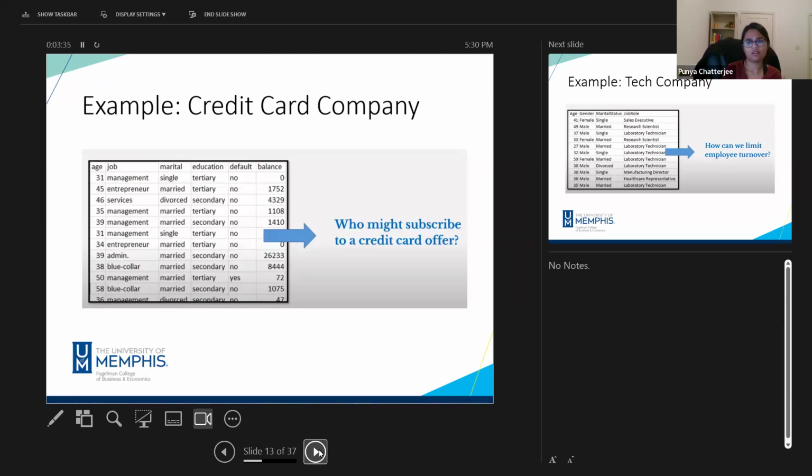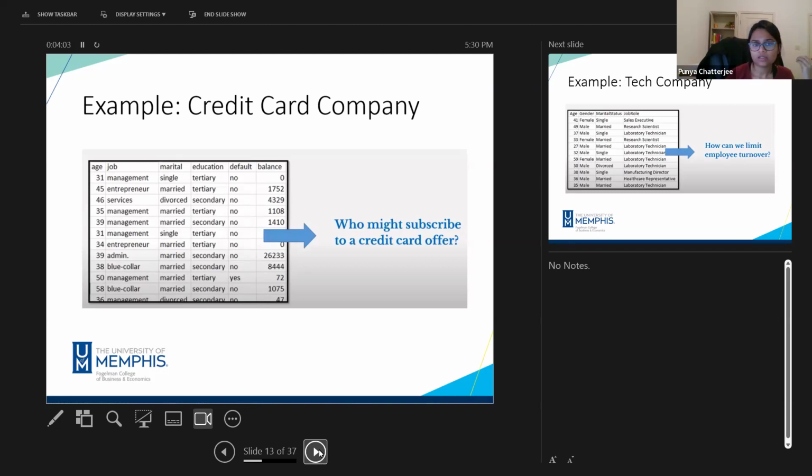I just got an invitation for a credit card from Wells Fargo, so I'm going to take that example. When they send out these invitations, the question to ask is, are they sending them out to everyone? Probably yes, but that's probably not a very smart business decision because they're spending resources to send out these invitations.